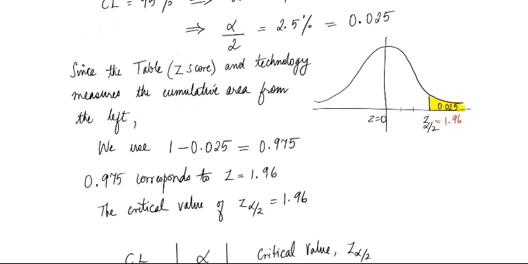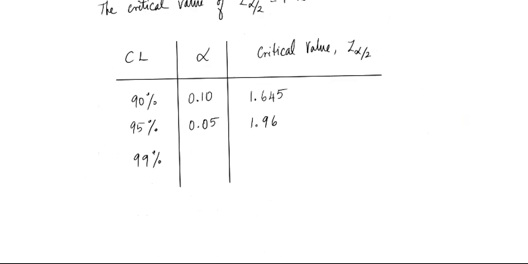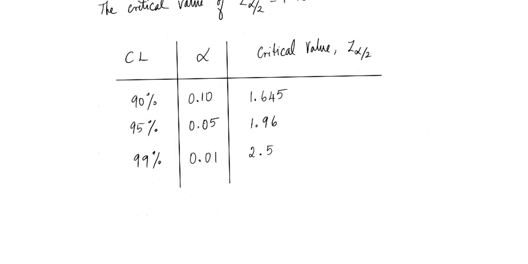You have your z values just like the number line, but your area or percentage cannot be negative and cannot be more than 100%. If it is in decimals, it cannot be negative and it cannot be more than 1, right? So that is how you have to take care of how you present your answer. So alpha is always a probability, so we always write it in decimals, and of course it does not exceed 1. When it is 99%, the critical value is pushed even further to 2.575. Okay.